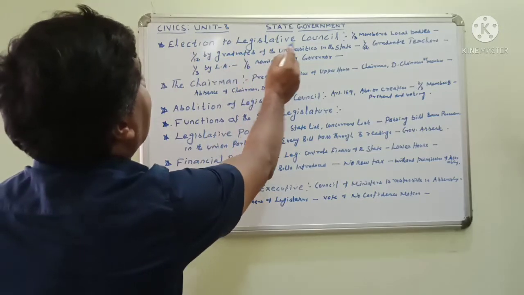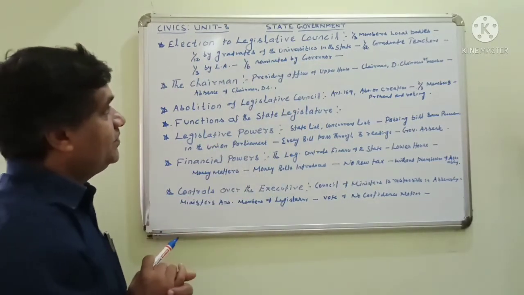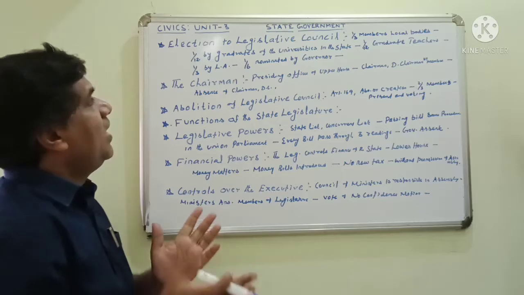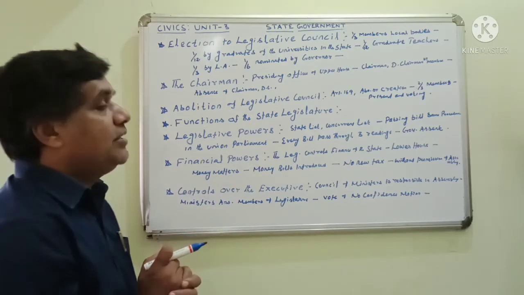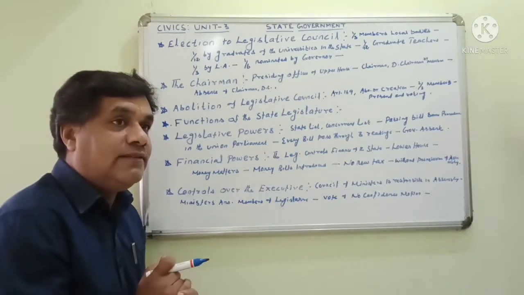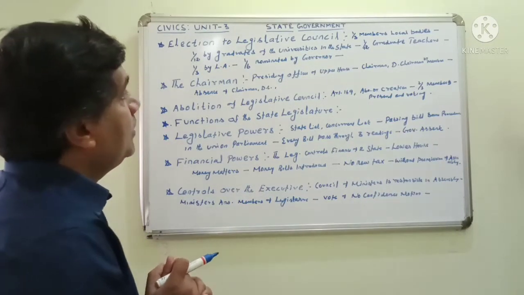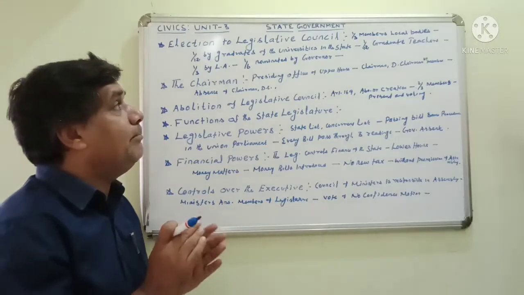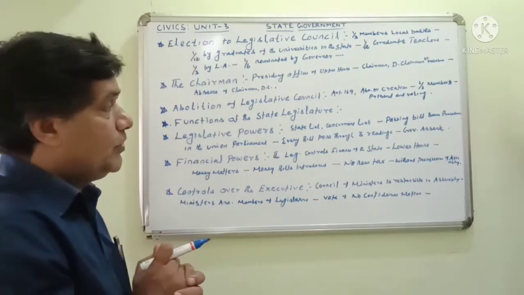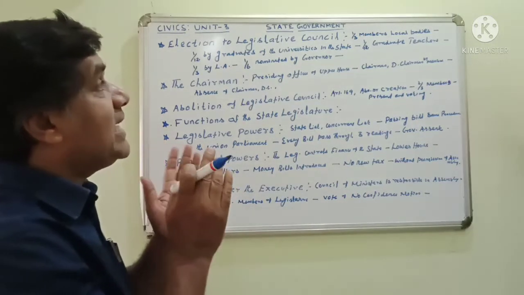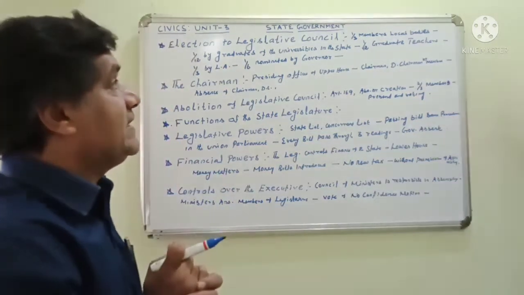Election to the Legislative Council. After the election in the Legislative Council, 1/3 members are elected by the local bodies.